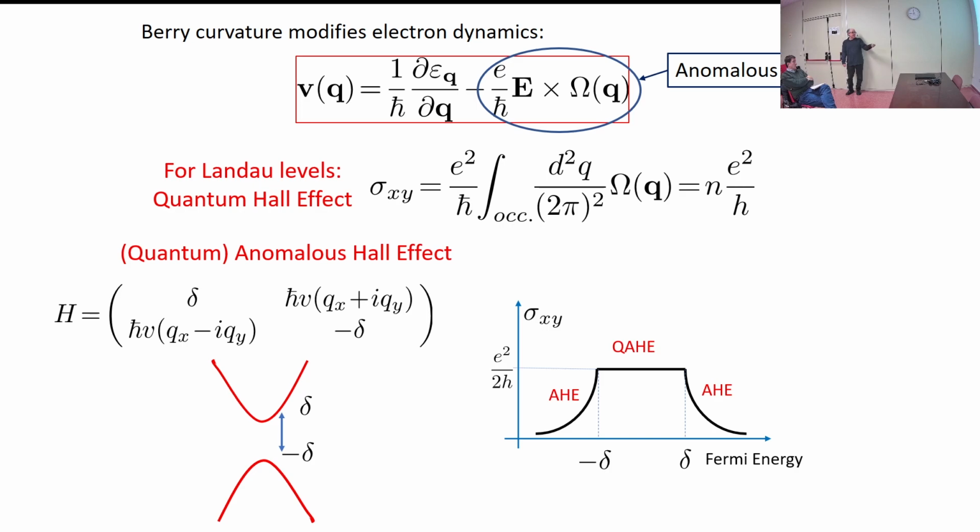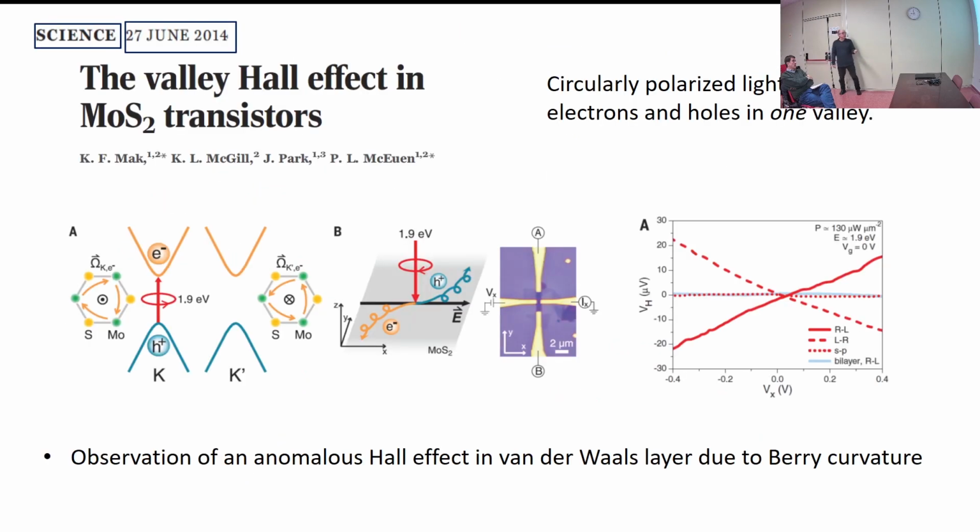When you get into a gap, you actually get a quantized anomalous Hall effect. And then if you go further up in your Fermi energy so that you start to fill this band, then the currents from the two bands will start to cancel. The anomalous Hall effect will start to go away. Okay, so this is showing us that there are more general applications of this dynamics due to the Berry curvature.